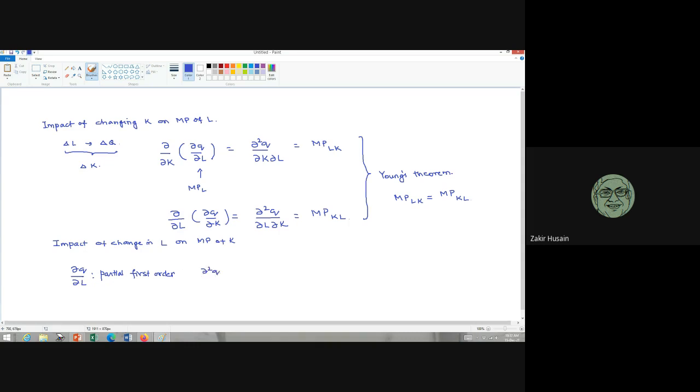When we look at this, it is the partial second order derivative. What is this called? This is called the cross partial derivative.